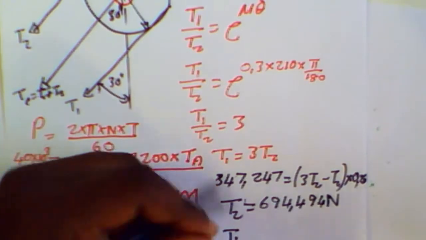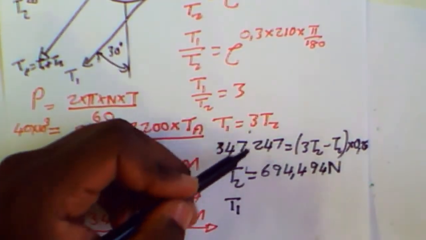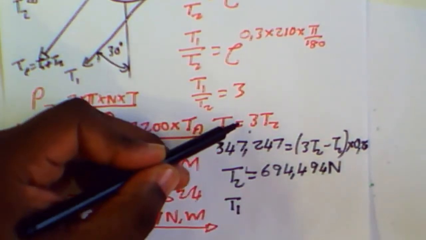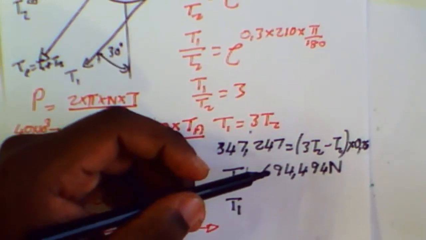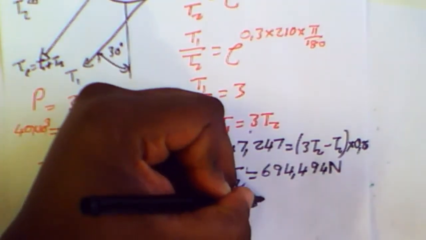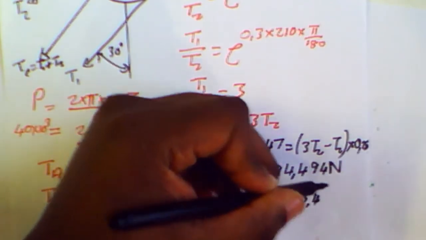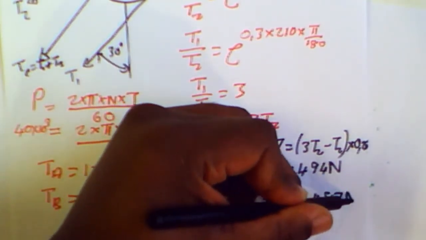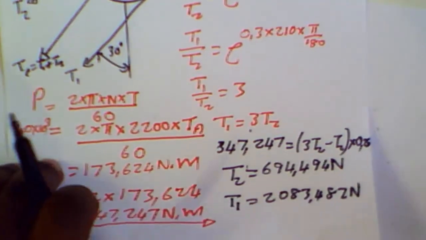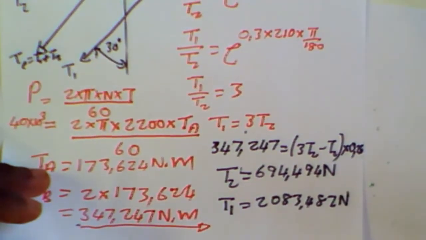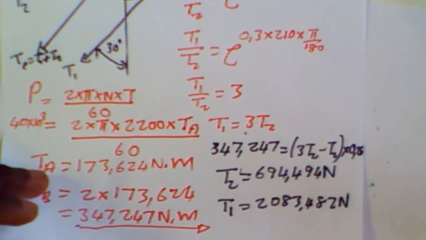So therefore my T1 will be three times that. So multiply this by 3, we get T1 is 2,083,482 newtons. So now I've found my two tensions over there.